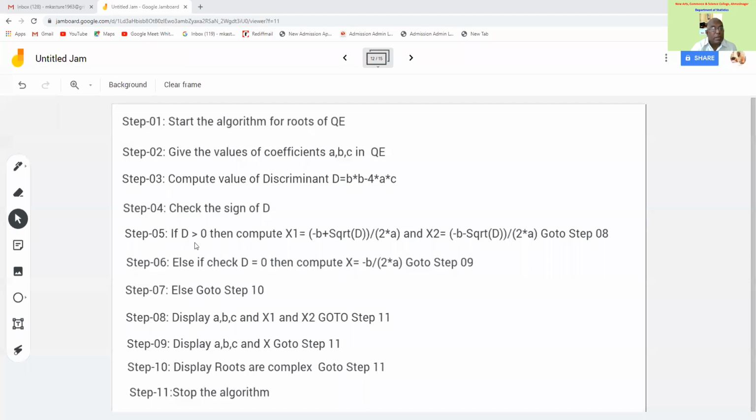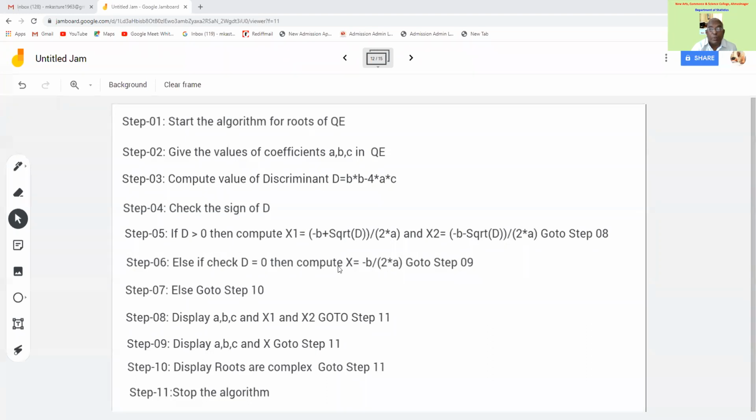Now if d is not greater than 0, our step number 6 is what? That means if this condition fails, then step number 6, else if d equal to 0. And if d equal to 0, you have to compute x, a single root, equal to minus b upon 2a.